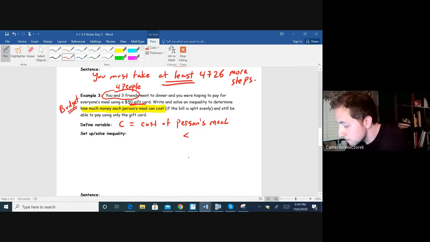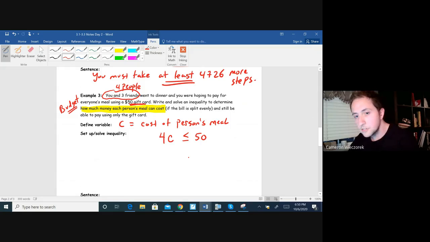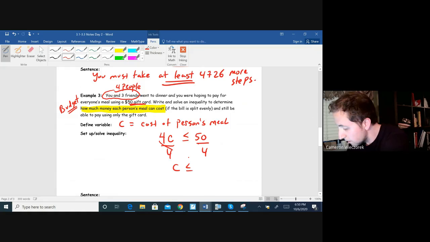Whenever you're on a budget, something's got to be less than or equal to. And in this case, it's less than or equal to $50 because that's how much money you have with you. The cost of a person's meal is C, but there's 4 of you. So you're multiplying that cost by 4. Okay. So that's your setup for this one. And then to solve it, divide by 4. 50 divided by 4.